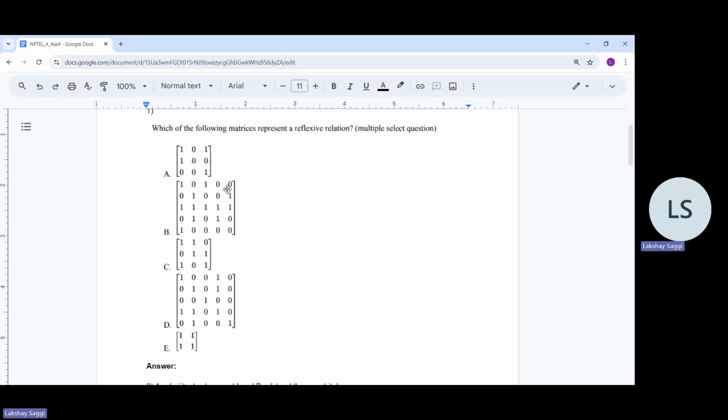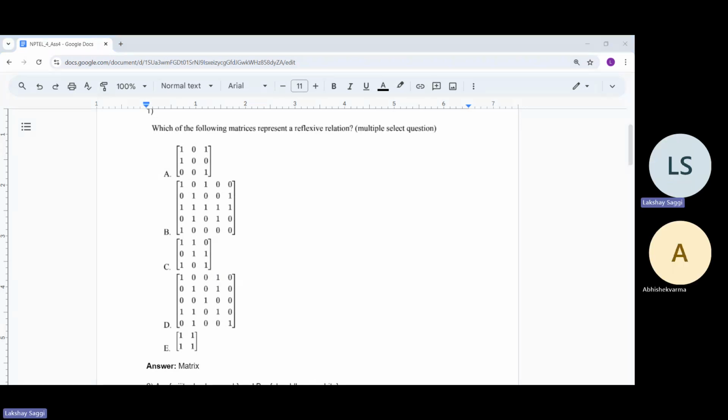First, let's revise what this matrix representation of a relation actually means. Relations, as we have heard, are subsets of sets of the form A cross B. But here we are just given matrices. So as discussed in the lectures also, I'll just revise those definitions again. What is a matrix representation?